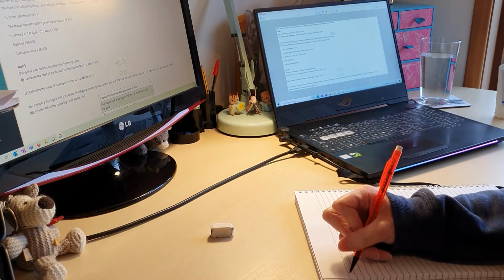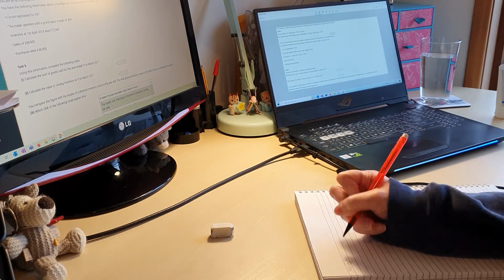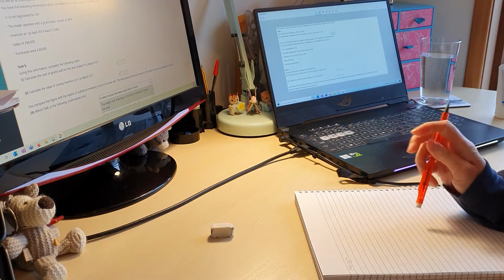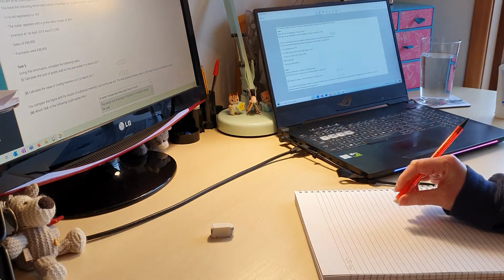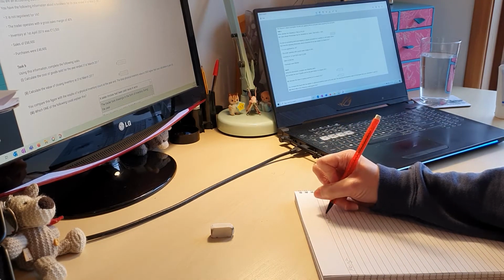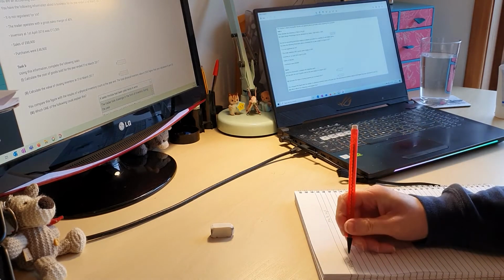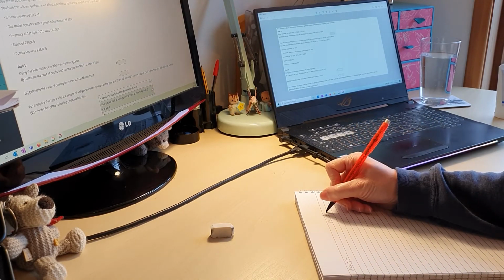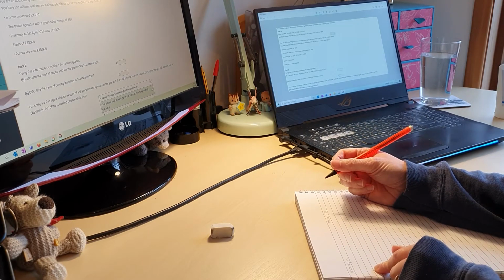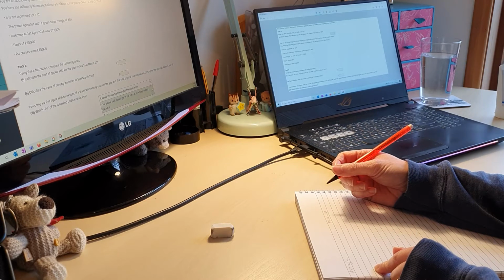We have got margin. What was the other one? Markup. Net sales margin percentage.